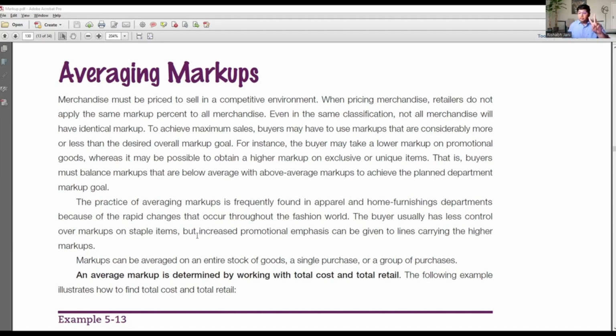These two things are important. You need to remember that the word total is important. You cannot calculate an average by looking at a single individual stock of goods. Rather, you need to look at it as a group. And generally, when you're buying from a vendor or it's a group of purchases, that's when you include average markup.